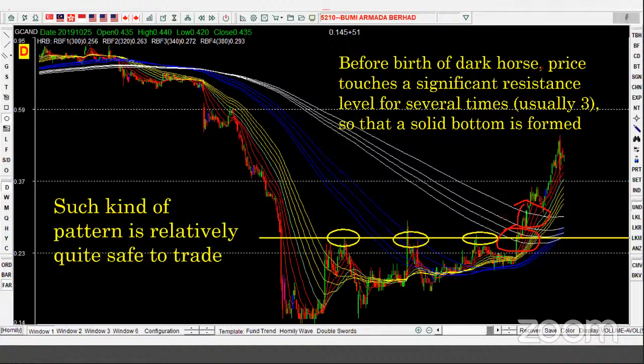Before the birth of the course, the price touches a significant resistance level several times, usually 3 times. Then we have a solid bottom formed here. Then the birth of the course will be more reliable.